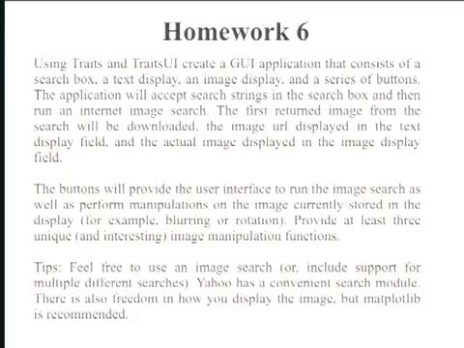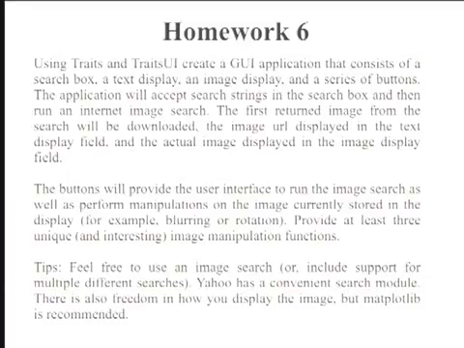Homework 6. Use traits and the traits UI to create a GUI application that consists of a search box, a text display, an image display, and a series of buttons. The application will accept search strings in the search box and then run an internet image search. The first returned image from the search will be downloaded.